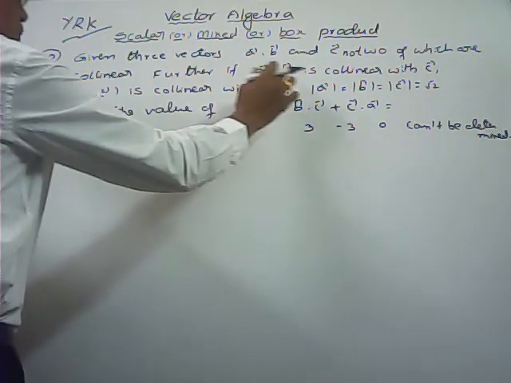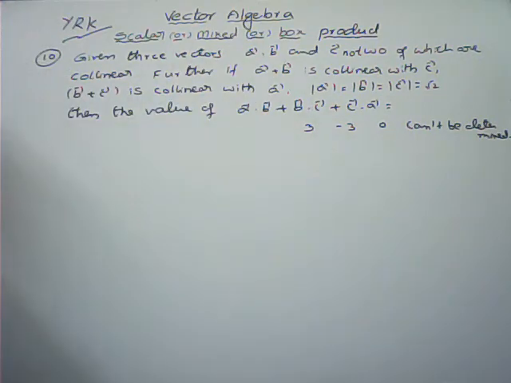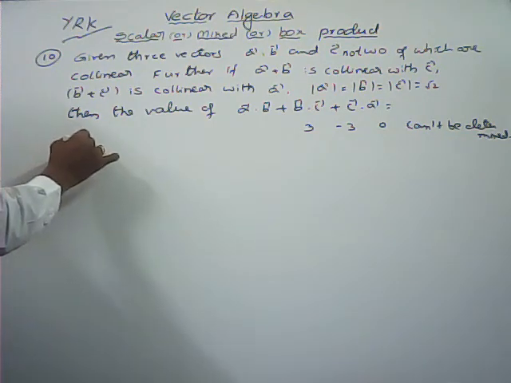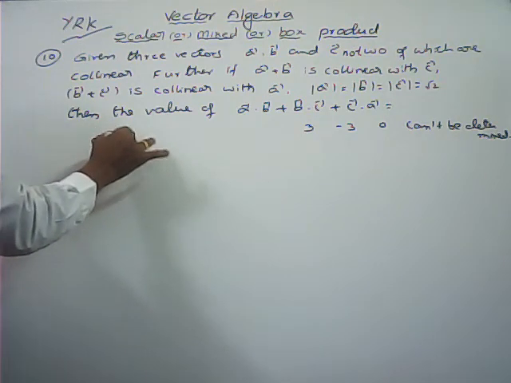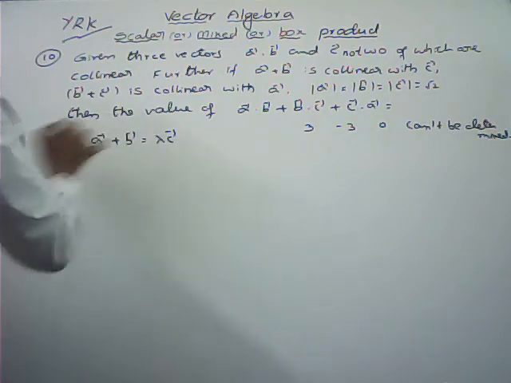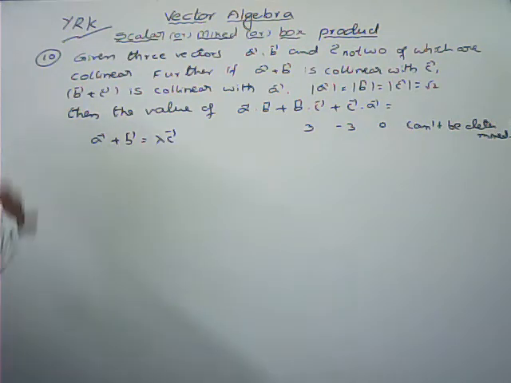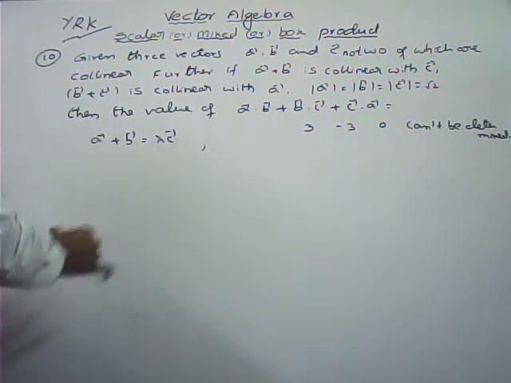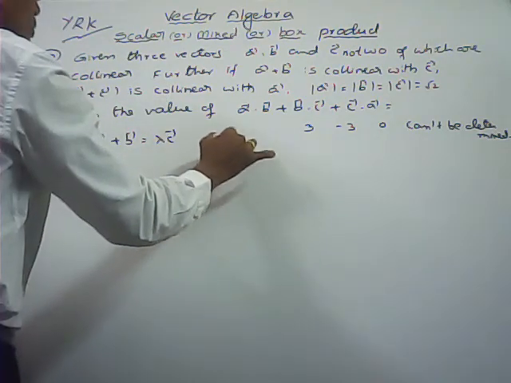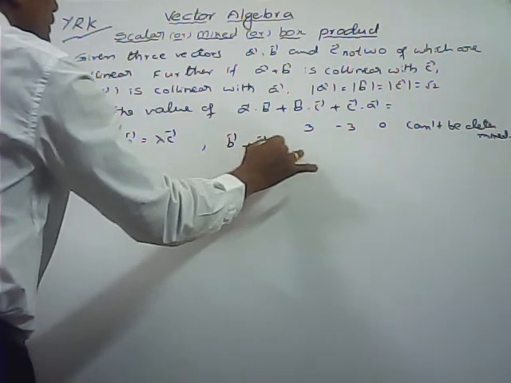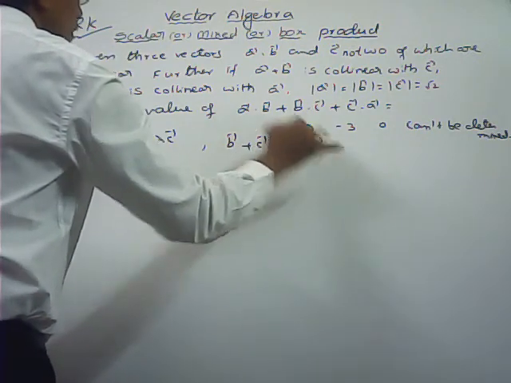If they are linearly dependent, we can express one vector in terms of other vector by multiplying with the scalar. So here we can write a bar plus b bar, that is equal to lambda c bar. Keep aside this one. And the next one more, b bar plus c bar is collinear with a bar. So here both are linearly dependent, that is equal to mu into a bar.